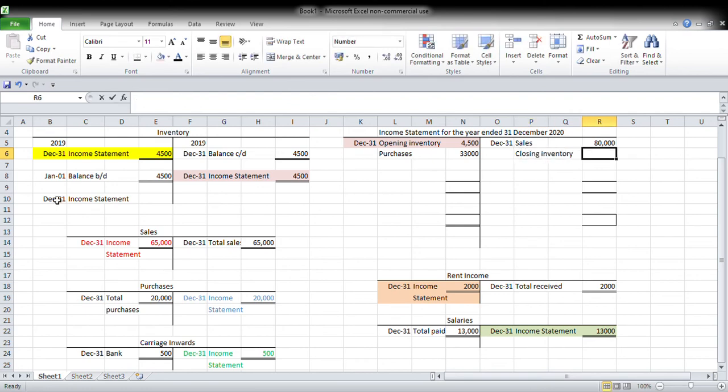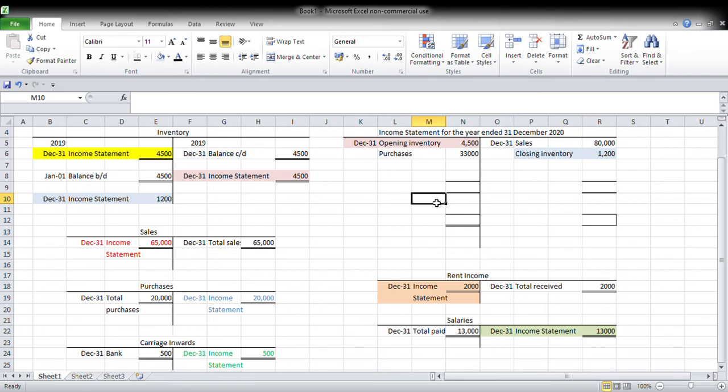So let's say it's 1,002 as your closing inventory. That's my double entry for the closing inventory: debit my inventory account, credit my income statement account.